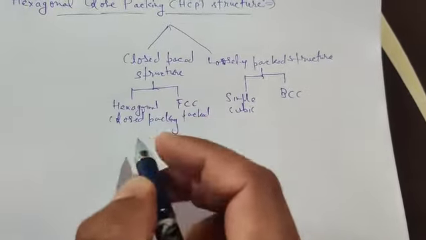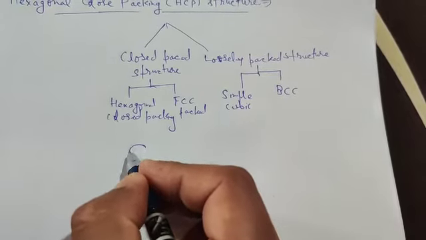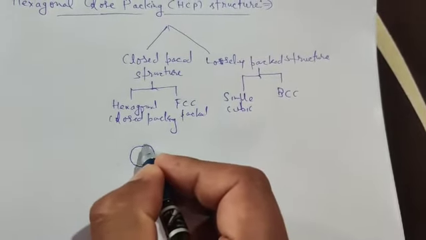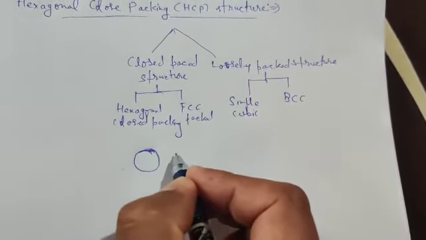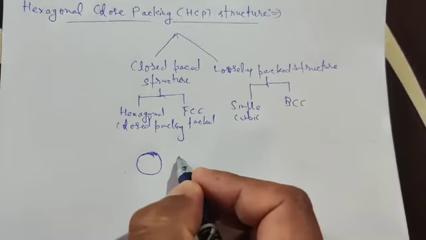So let us consider a layer of hard spheres, or atoms as hard spheres. These are identical.